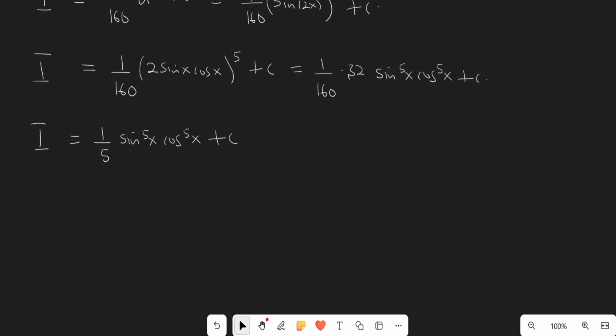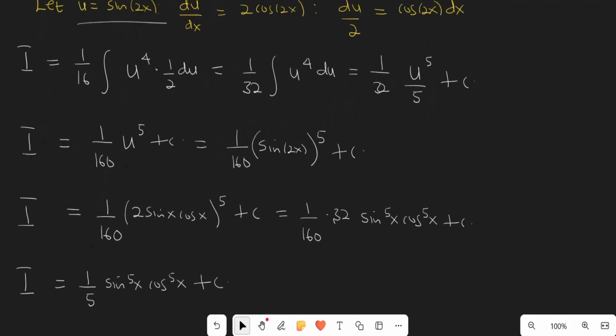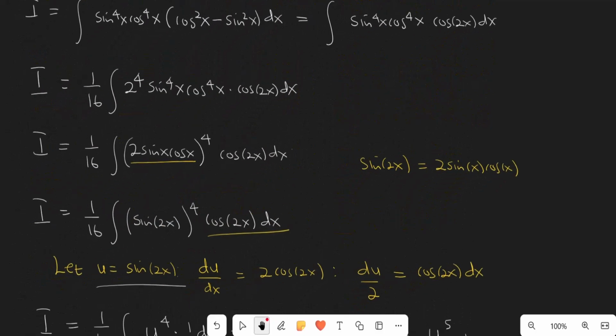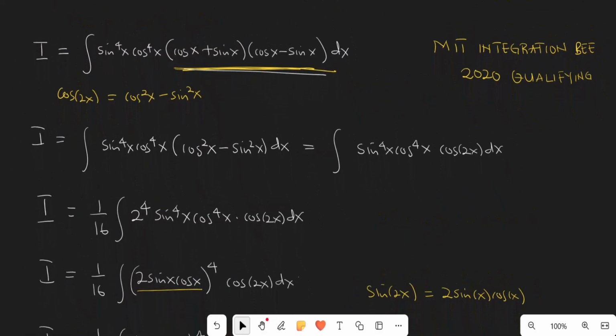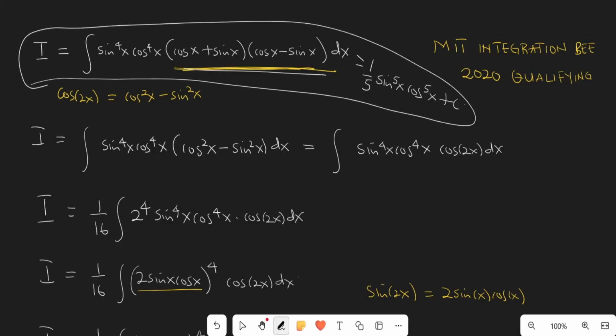So that is the value of our integral, 1 over 5 sine raised to the power 5 of x cosine raised to the power 5 of x plus the constant of integration.